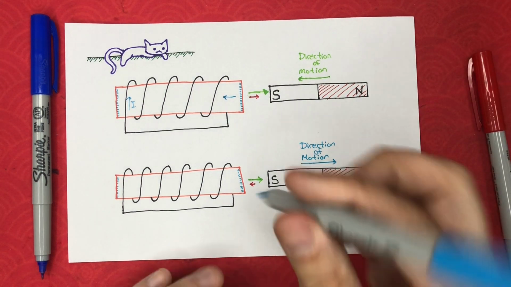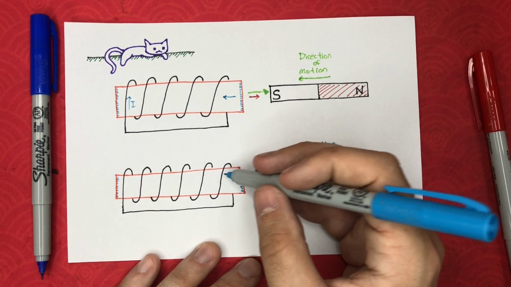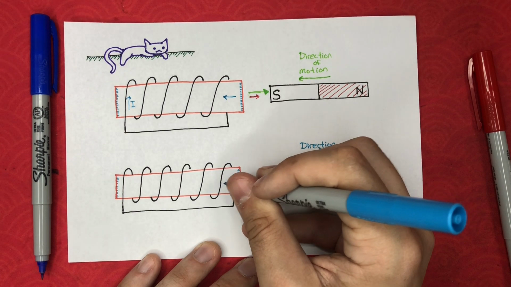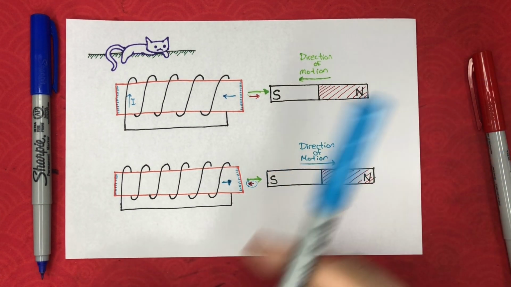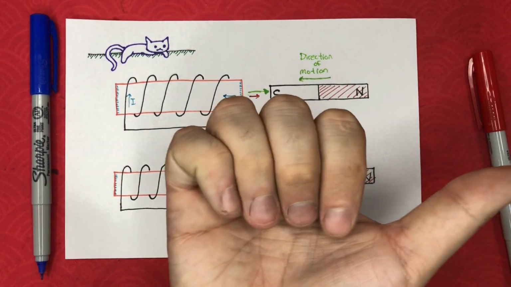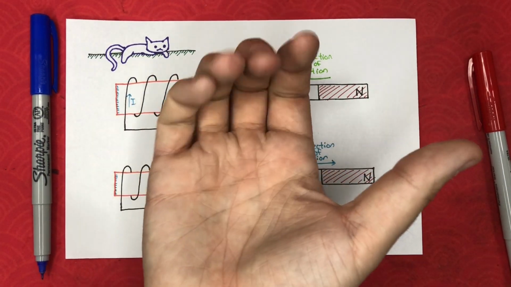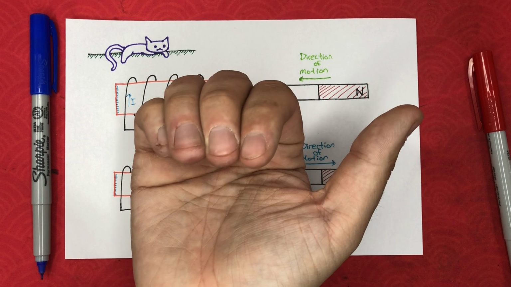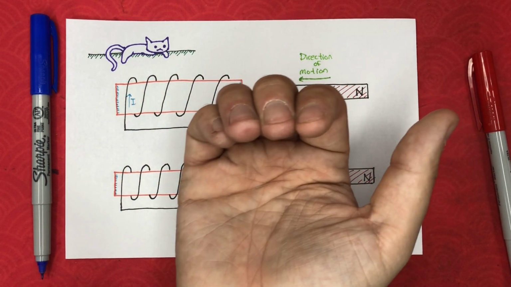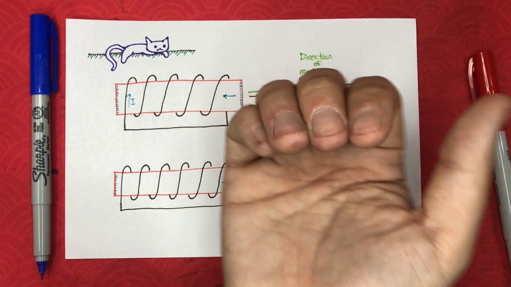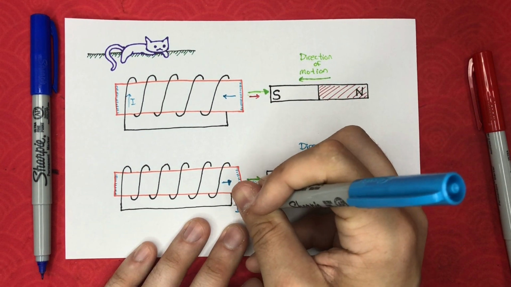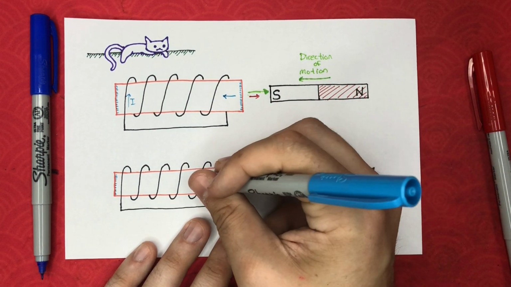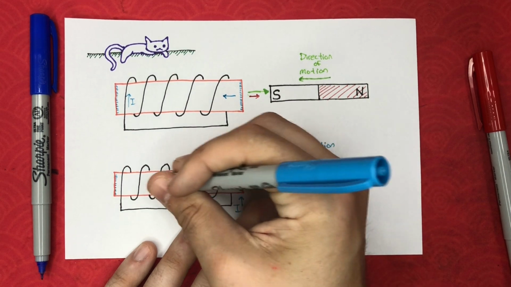So the magnetic field that this coil of wire is going to create is going to be in that direction to cancel out this change. So point your thumb in the direction of the North Pole. Your fingers are going to curl around in the direction of the current. So in that case, the current is going to be going up like this, okay? Which means it's going to be coming down through all of these wires over here.